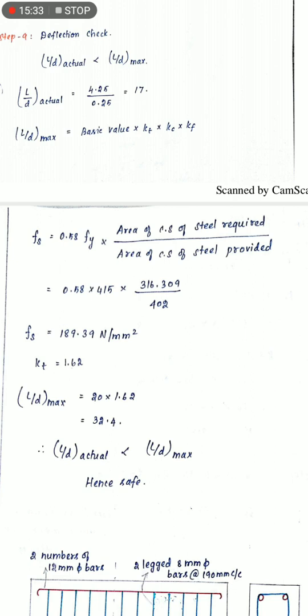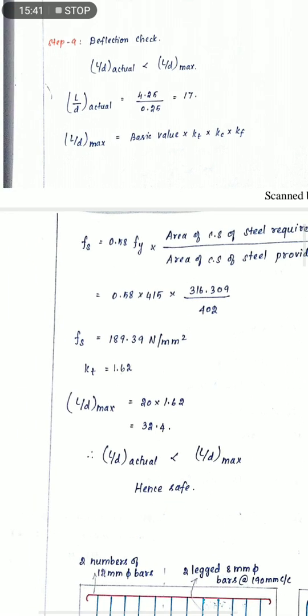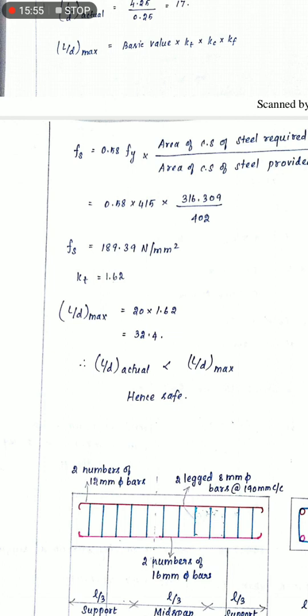Therefore, reading out the curve, we get KT equal to 1.62. Applying the L by D max equation, we get L by D max equal to 32.4. Comparing L by D actual and L by D max, L by D actual is less than L by D max. So hence safe. Our design is okay.